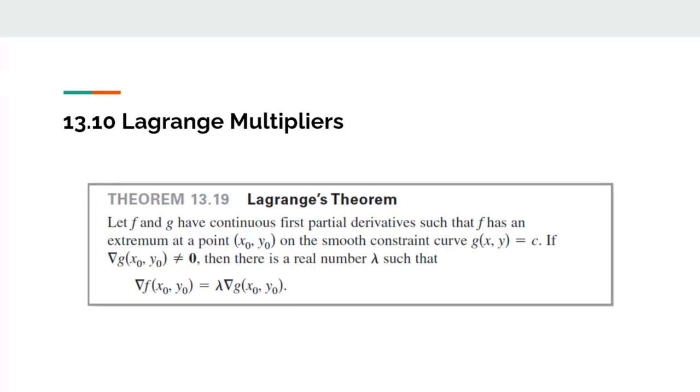And then we have gradient f equals lambda gradient g. This will give us 2 equations, and then we'll have a third equation from g of x, y equals c, and then we'll be able to solve for x, y, and lambda.